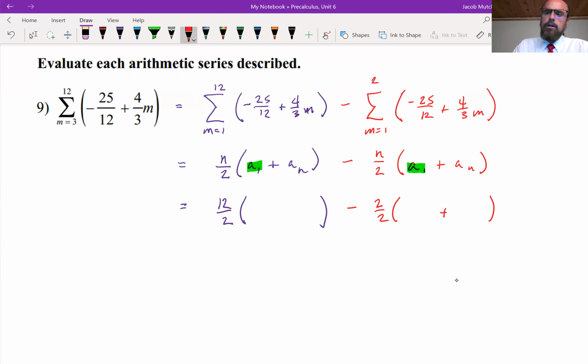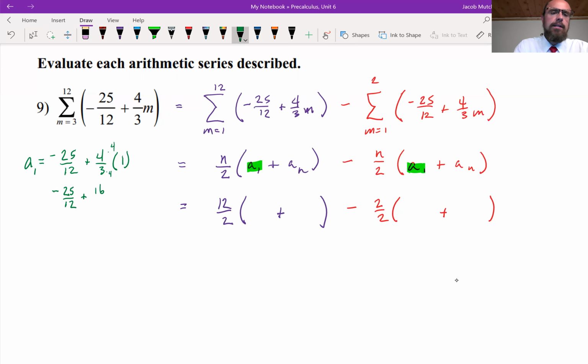And let's find that common piece, which is the first term. So to do that, I'm going to come back over here to the explicit formula. I'm looking for a sub 1, so I'm going to plug in 1 for the m. So it's -25 over 12 plus 4/3 times 1. 4/3 times 1 is just 4/3. And so I need to add up these two fractions, but they need to have the same denominator. So I'm going to scale 4/3 by multiplying it by 4 above and below.